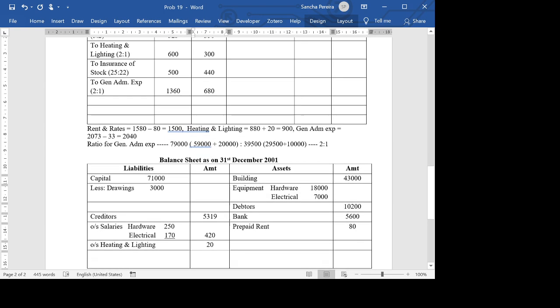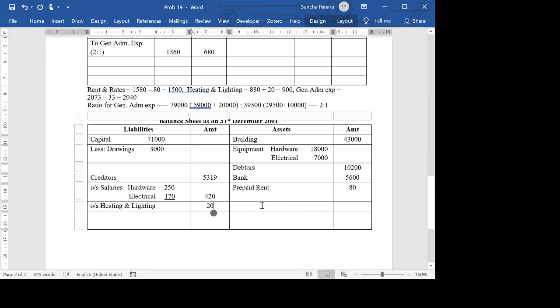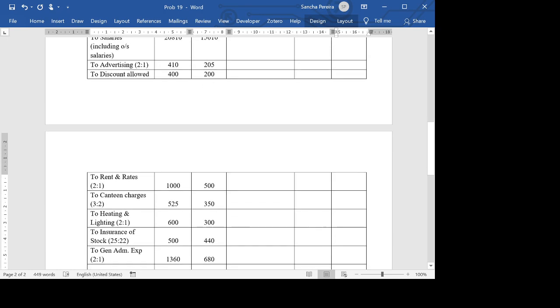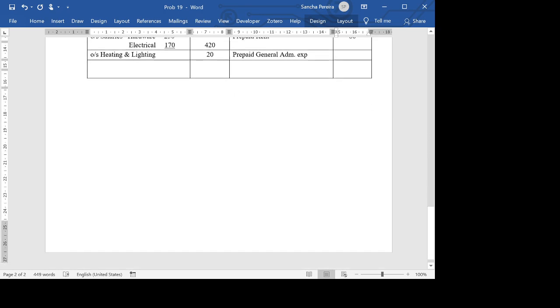And we also had another prepaid expense, that's prepaid general admin expenses. How much was it? It was 33 rupees.